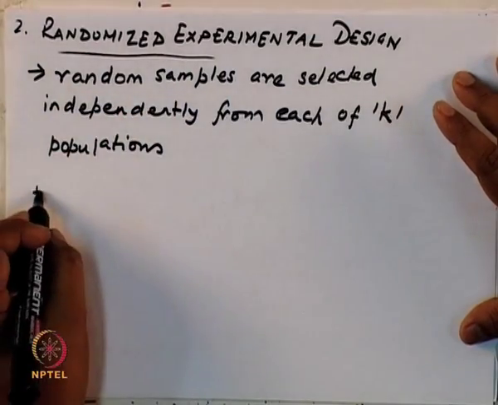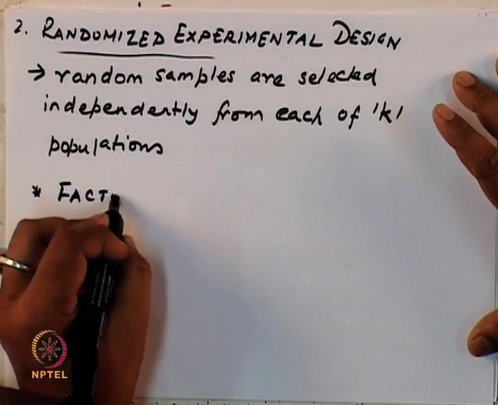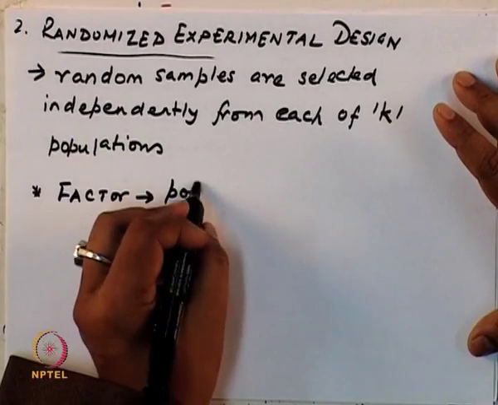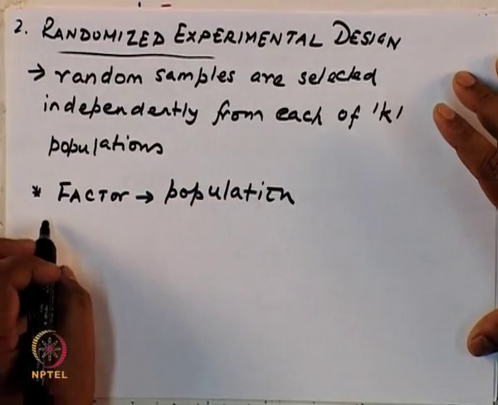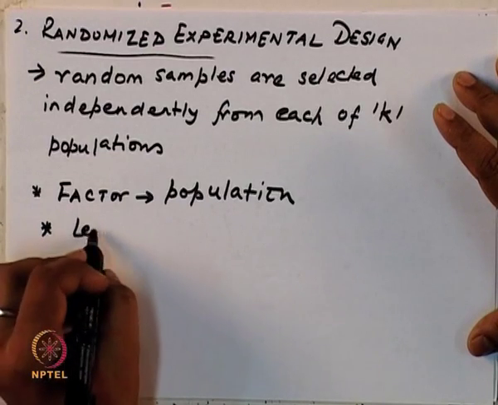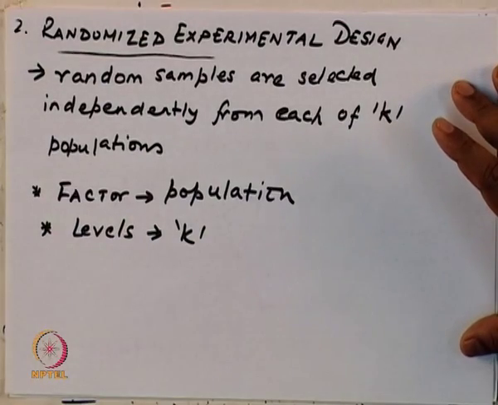In this, of course, your factor is the population itself. Your number of levels are k, as there are k subpopulations.